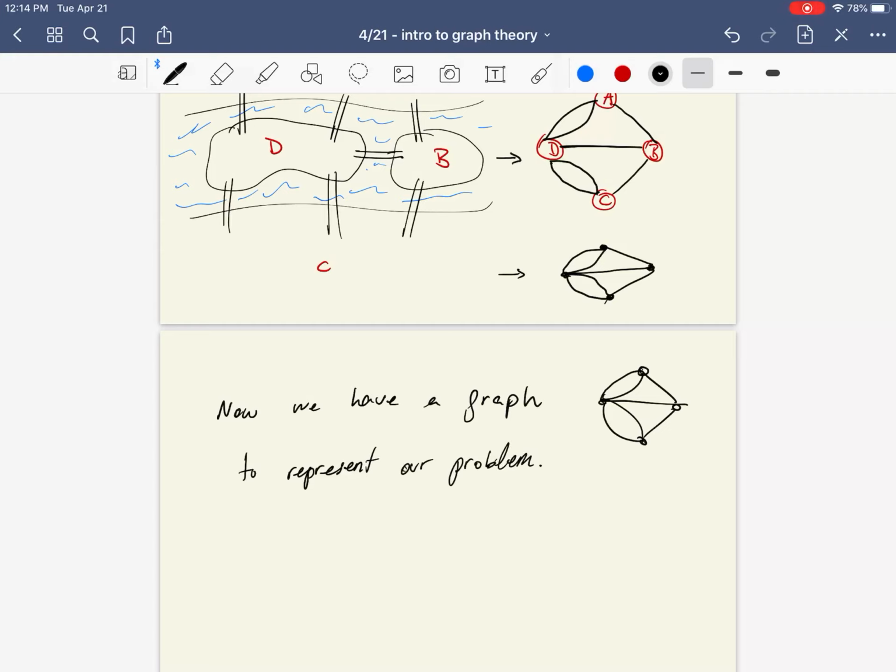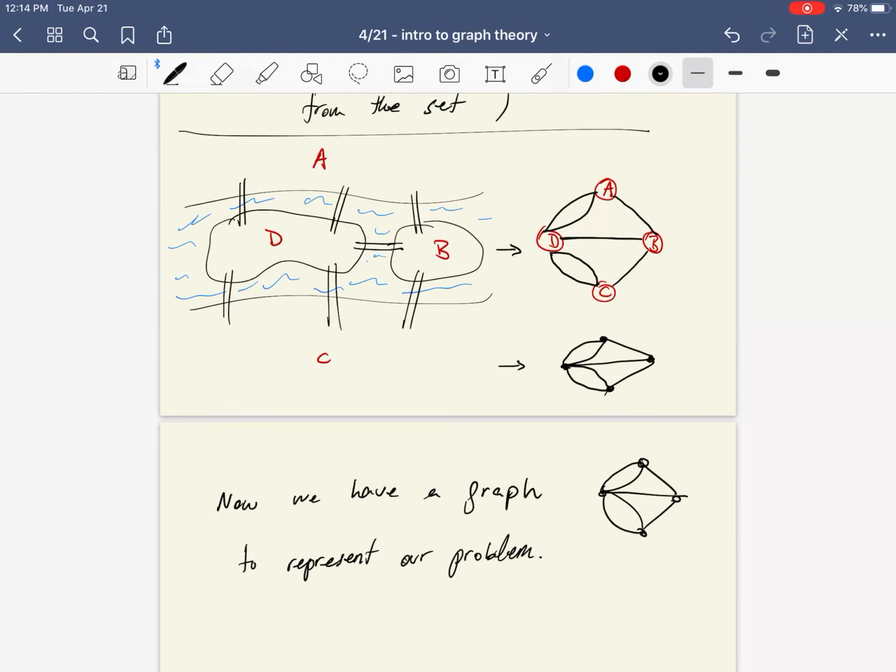Now Euler's solution was still pretty tricky. I mean, it's still a pretty cool solution. So I wonder if you can see what the problem is with this. If we start at A, we take a bridge, then we go back on this one, and then we leave A on a third bridge, and now we don't have another bridge to come back to our starting point on.